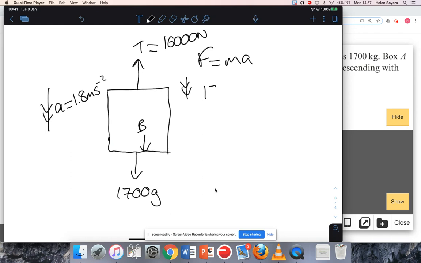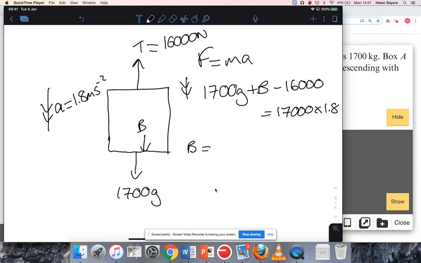So total forces down are 1,700 g plus B, which I'm saying is the force due to B, minus the tension, and that must equal the mass of the lift times acceleration, which I know is 1.8.